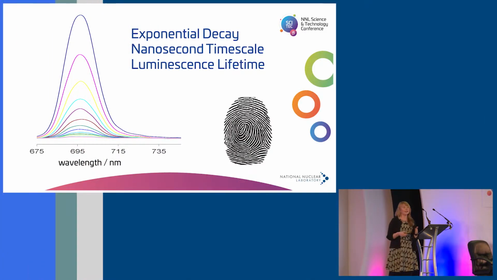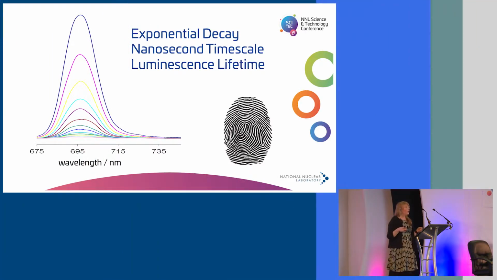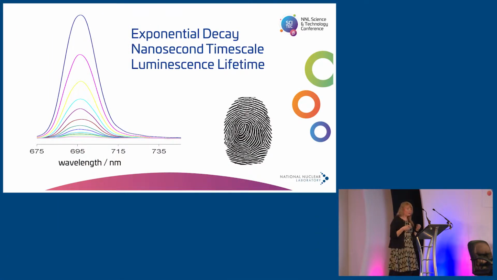This is an example of some of the spectra that we've obtained using luminescence spectroscopy, studying the americium ion. Each spectrum that you see here is taken at a different time delay from when the original americium species was excited. As you can see, over time the intensity of the light emitted from the americium ion decreases.